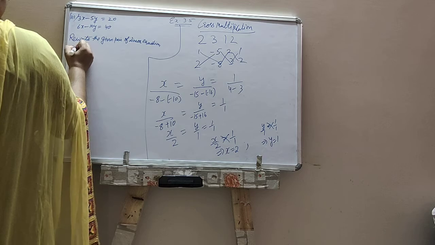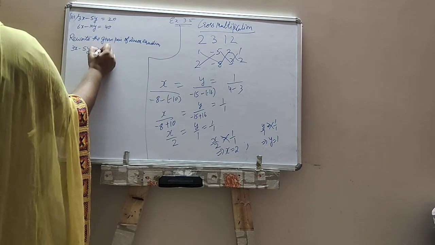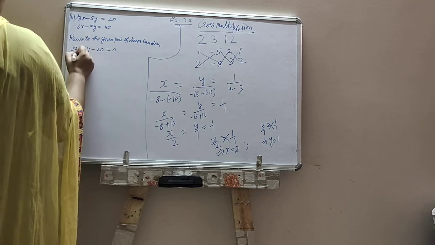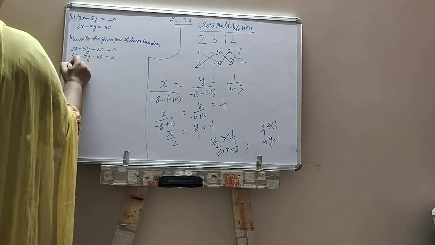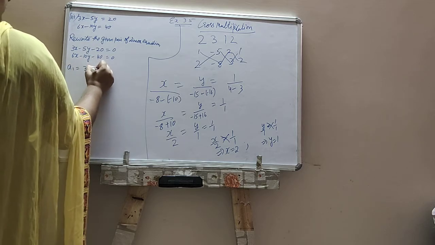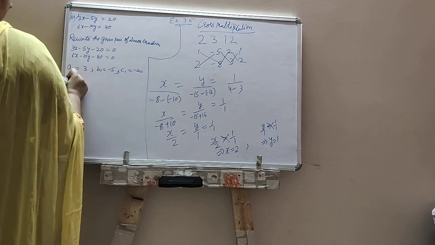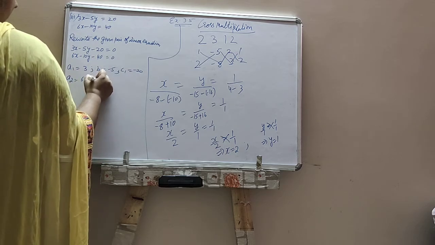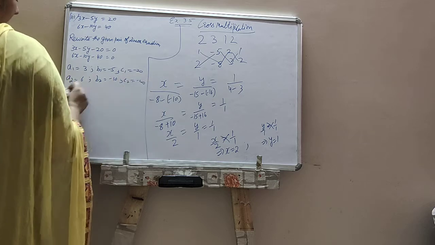So it is 3x minus 5y, I am going to shift on the left side, minus 20 equal to 0. 6x minus 10y minus 40 equal to 0. So a1 is 3, b1 is minus 5, c1 is minus 20. a2 is 6, b2 is minus 10, c2 is minus 40.